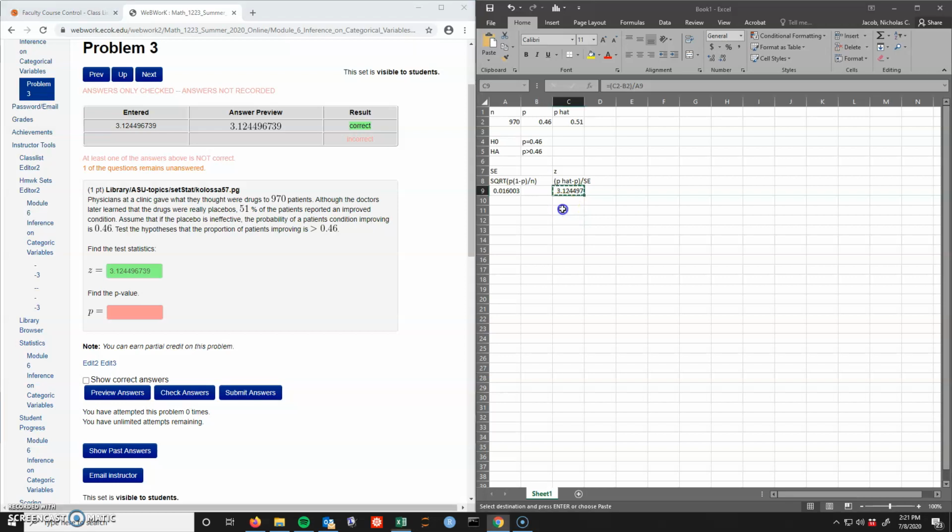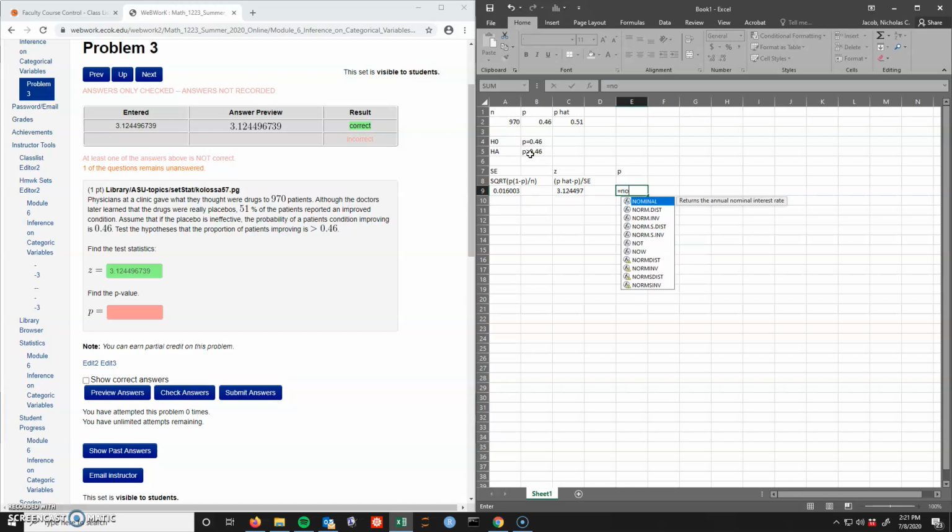So now I need to convert the z into a p-value. Okay, for this one, this is a one-tailed test. So I'm just going to convert the z directly into a p. No weird doubling thing going on here. Remember, if you have a two-tailed test, sometimes you have to double it. So the command here was norm.inverse.